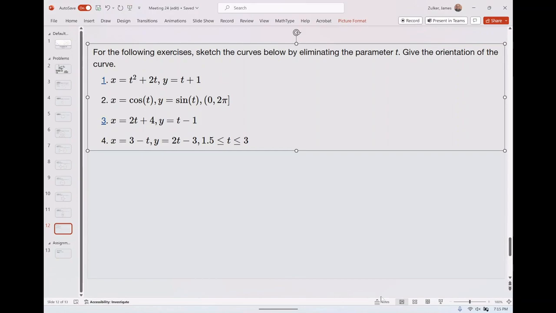They want us to sketch the curve by eliminating the parameter. I don't think I'm going to worry about sketching as much as eliminating the parameter.